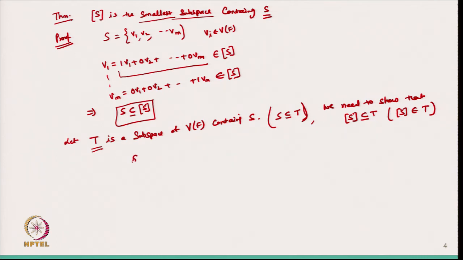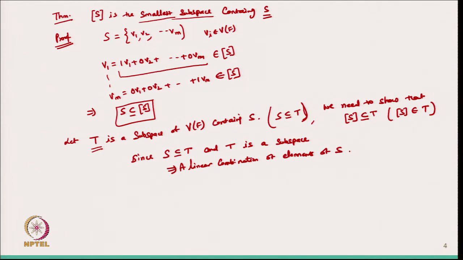Now, since the set S belongs to T and T is a subspace, which implies that a linear combination of elements of S also belongs to T.